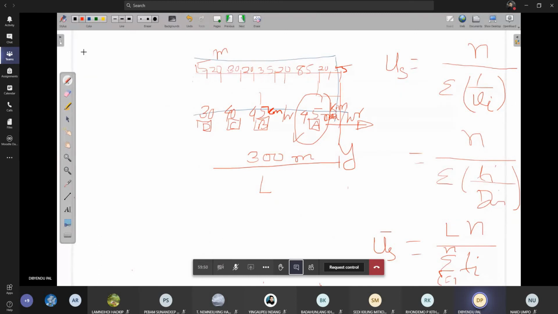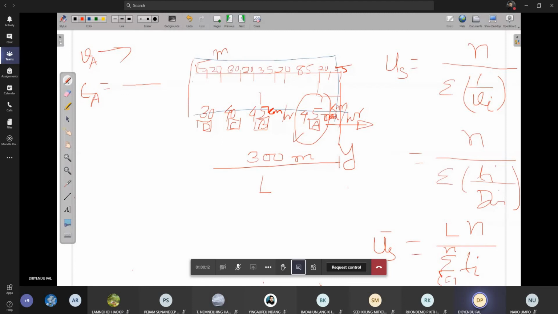So I want to find out for vehicle A. For vehicle A, what is the time? It is time A or time 1, whatever you can write. For vehicle 1 or vehicle A, how much time is taken to cross this section?